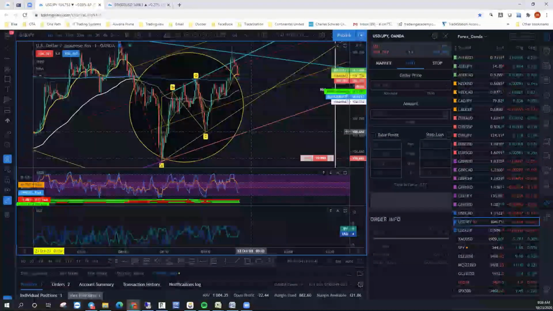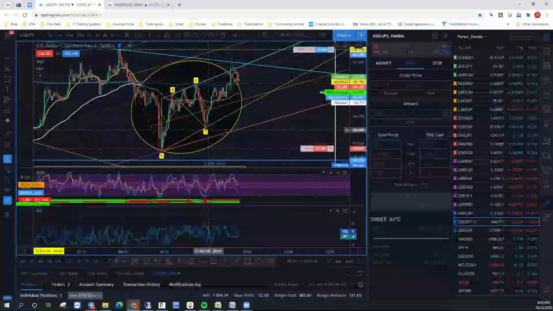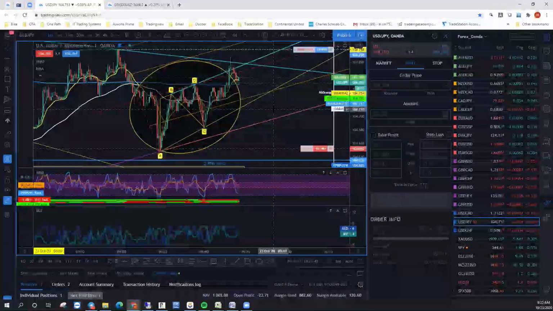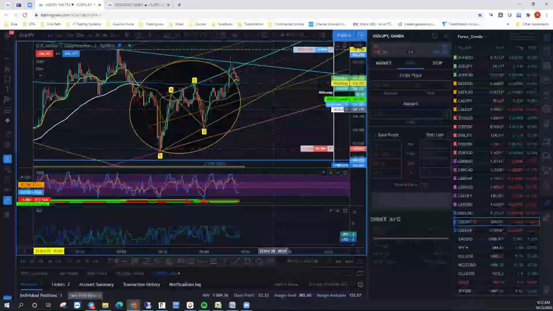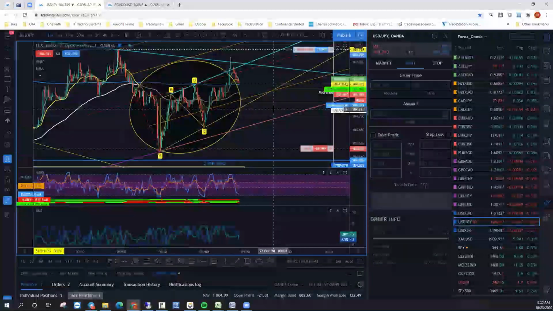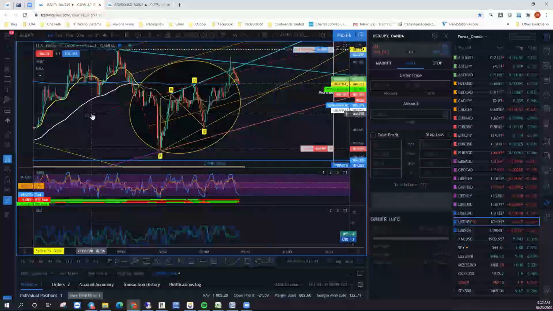Actually, it looks like 104.68 is more the target right now, which is just about where we got in at the first time. These candles are small now.